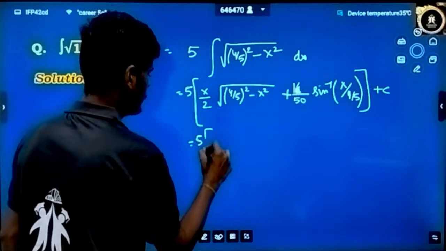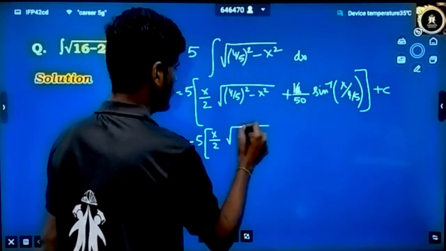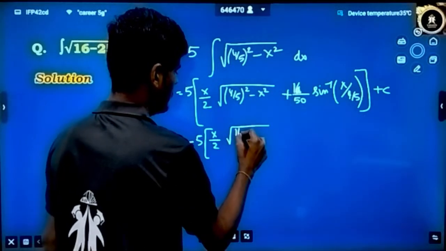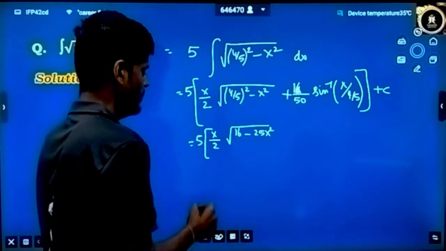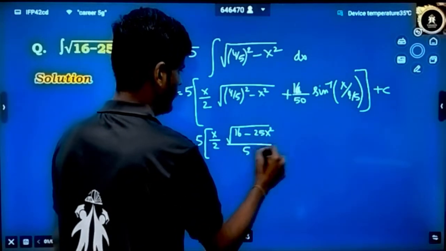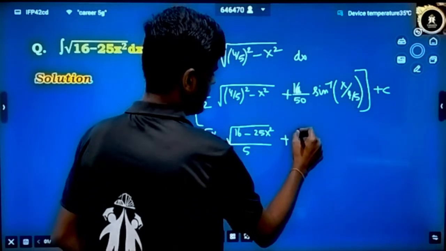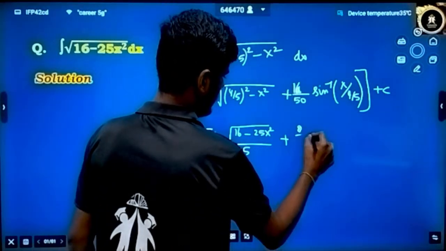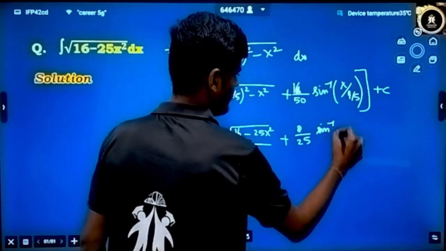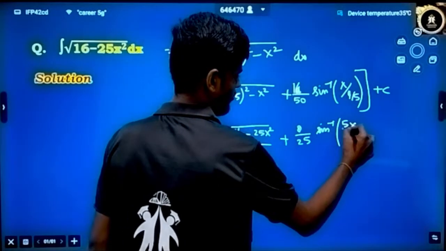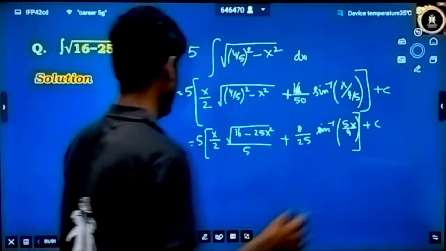Now simplify. This is equal to 5 into x by 2. Here this will be square root of 16 minus 25 x square divided by 5, plus 16 by 50 is 8 by 25, sin inverse of 5x by 4, plus constant of integration.